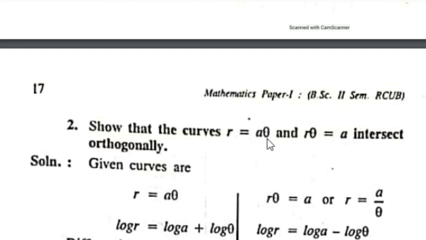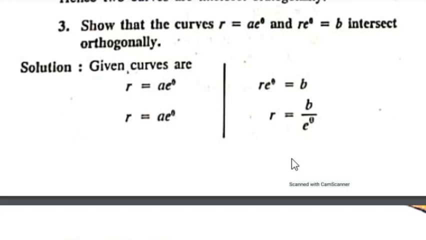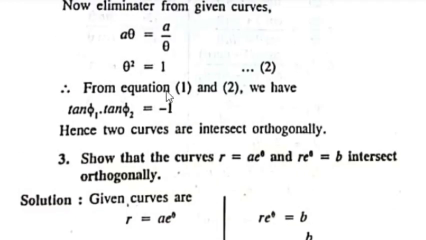So you will get a theta square is equal to a. So a gets cancelled, theta square is equal to 1, or theta is equal to plus or minus 1. So that we have to substitute here. We will get tan phi 1 into tan phi 2 is equal to minus 1, and therefore the two curves intersect orthogonally.